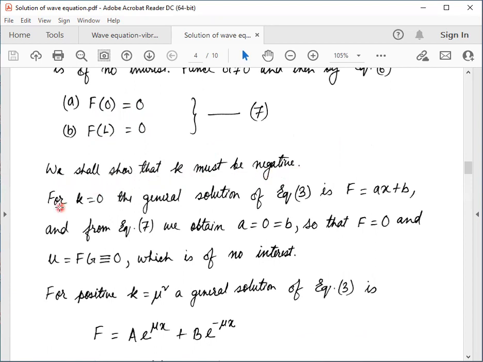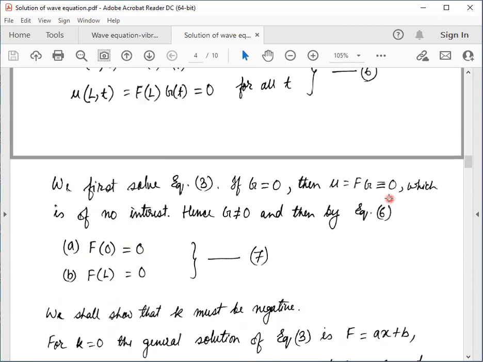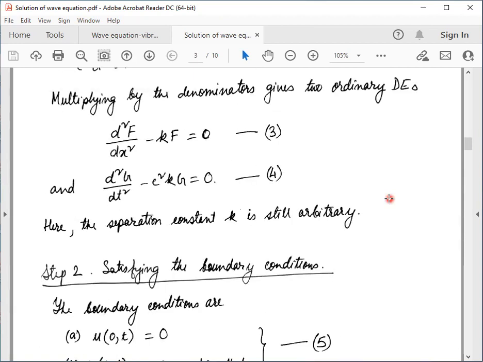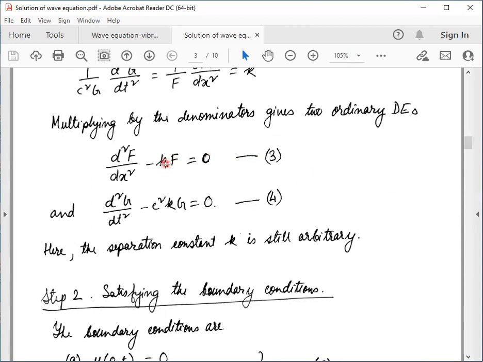Okay, first, for k equal to 0, the general solution of equation number 3 is f. So let us come to equation number 3. If you put k equal to 0, what do we get? Let me write it down here.